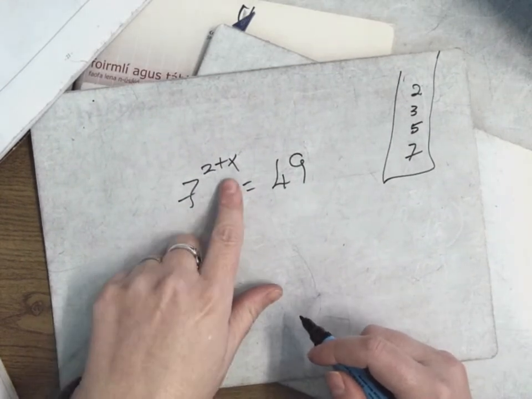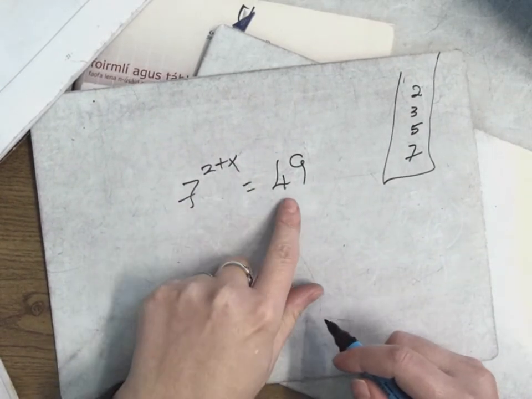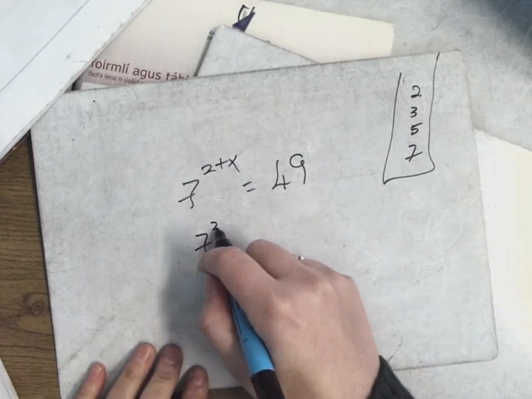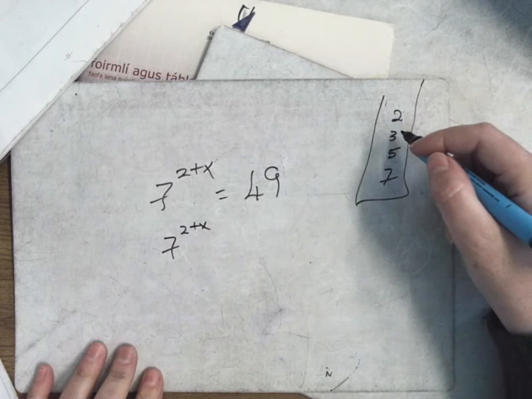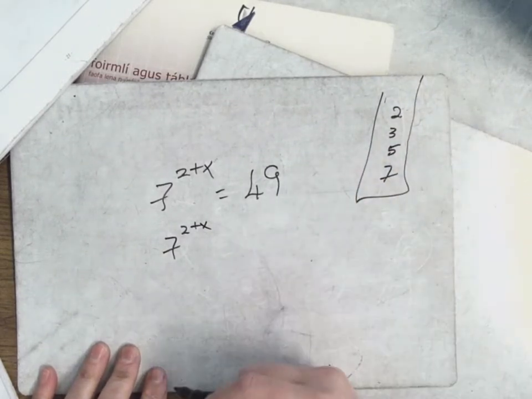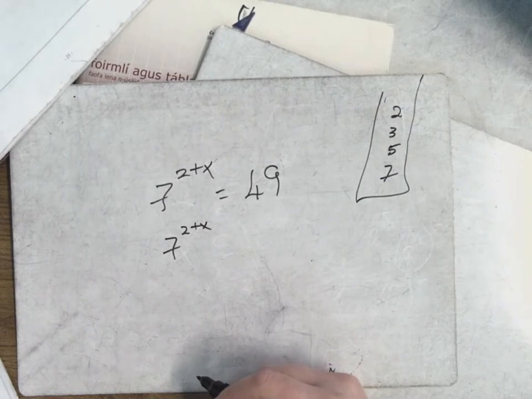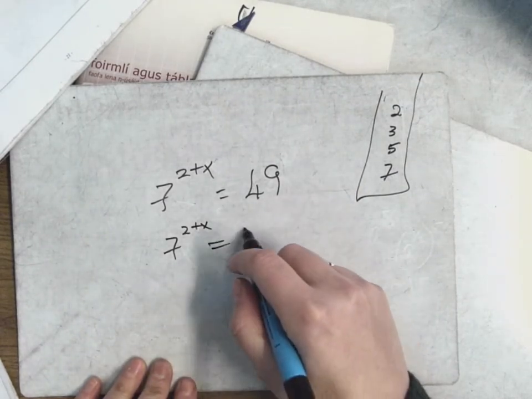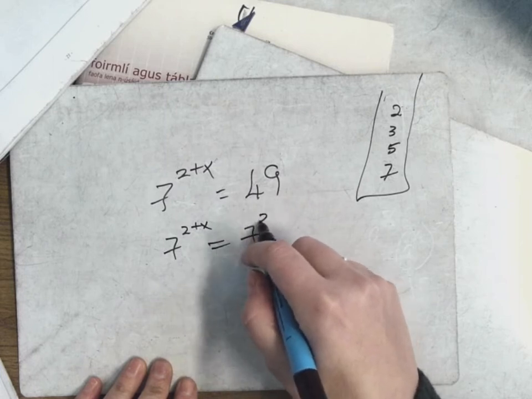Right. This is written as a 7 to the power of, isn't it? So what do I do with the 49? Write it as a 7 to the power of. Remember, these are the numbers, so they'll either be written as a power of 2, 3, 5, or 7. If they're not, you have to change them. Okay? 49, change that to 7 to the power of what? 2.